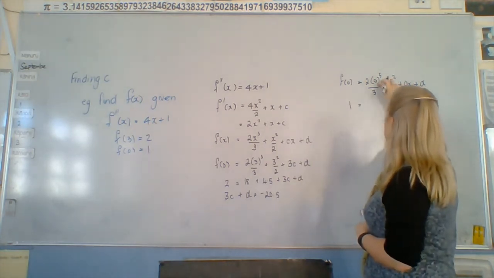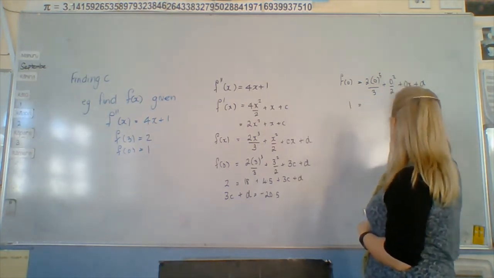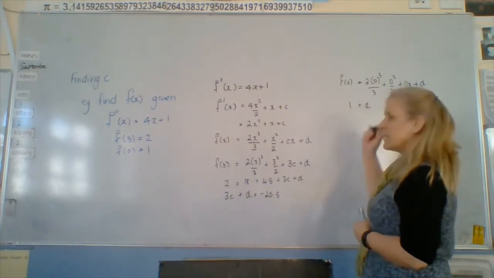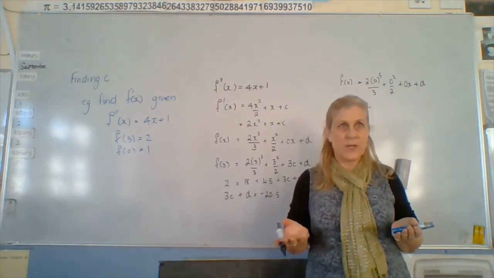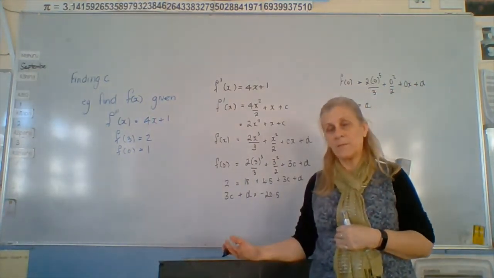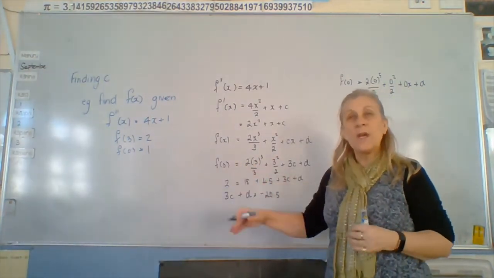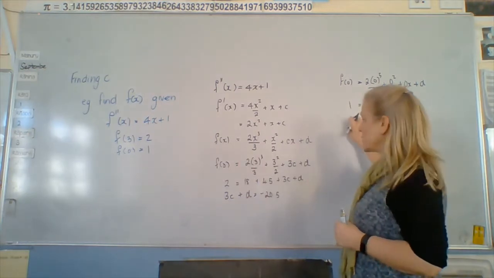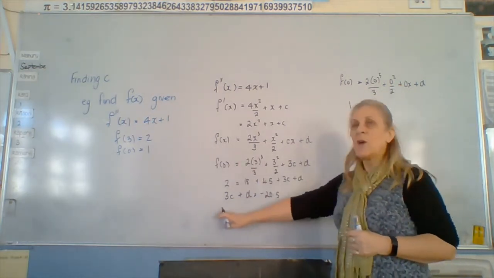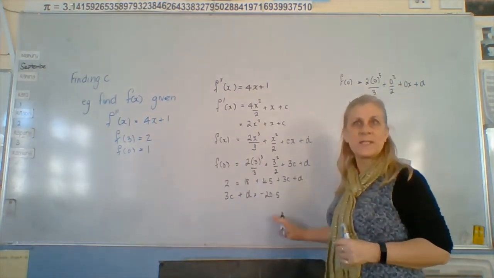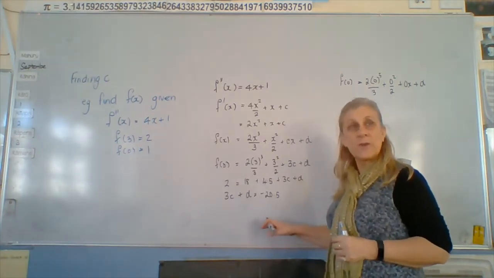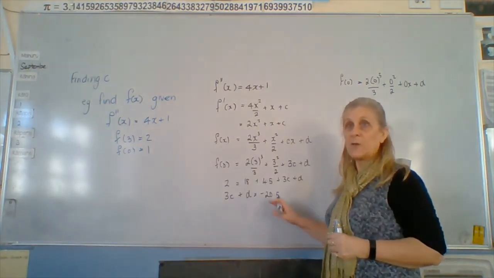So that's 0 cubed, 0 squared, 0, so it's just d. So that's answered one of the questions for us. We know d is 1, all right? Sometimes you will, just by chance it's 0, sometimes you will end up with 2 equations. So this could have easily been a 4c plus 2d equals something, and you just put it in your calculator and solve it simultaneously, and you'll get c and d.